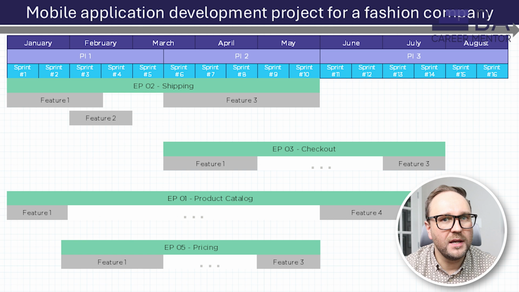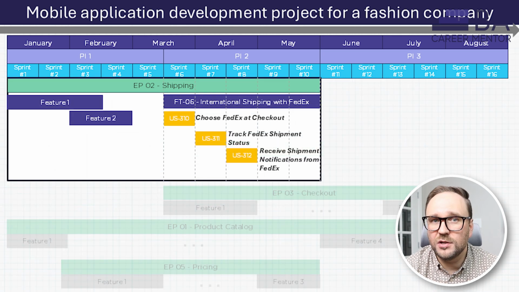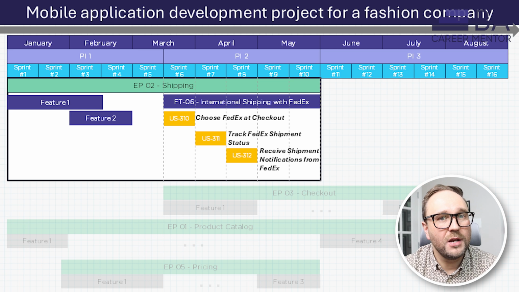Now let's take shipping, which will consist of smaller features, each implemented within their respective PIs. For instance, on my roadmap I have international shipping with FedEx. I will consider this a feature because, according to our estimates, it will fit fully into one planning interval.